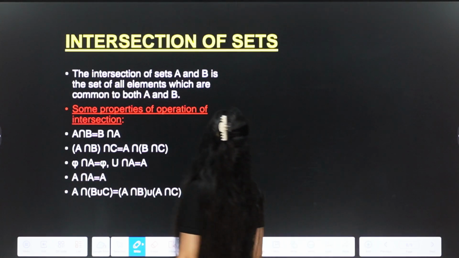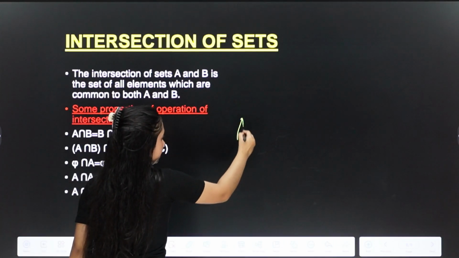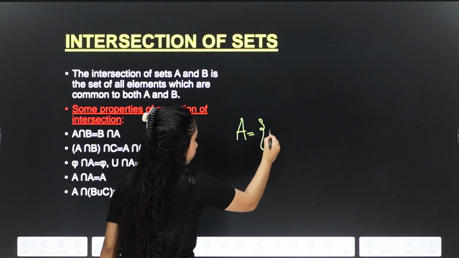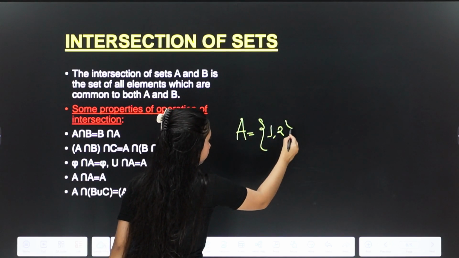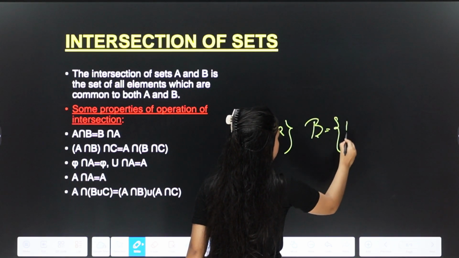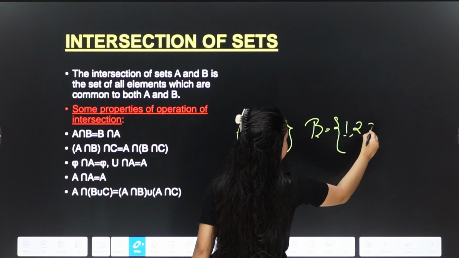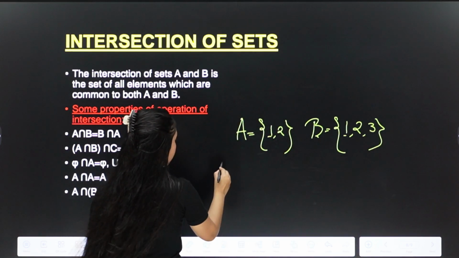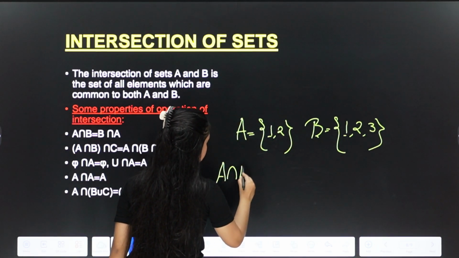For example, I have taken the example that A is equal to 1 and 2, B is equal to 1, 2, 3. Then what will be A intersection B?